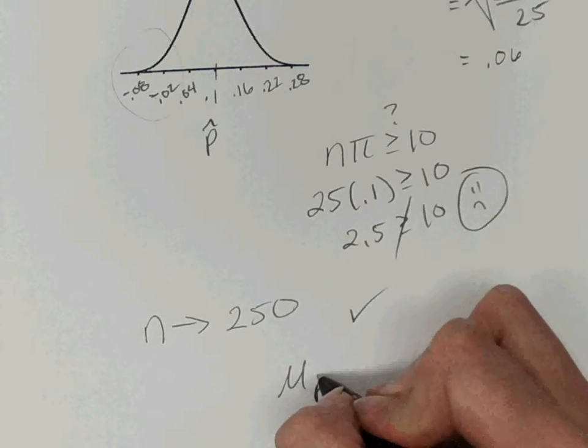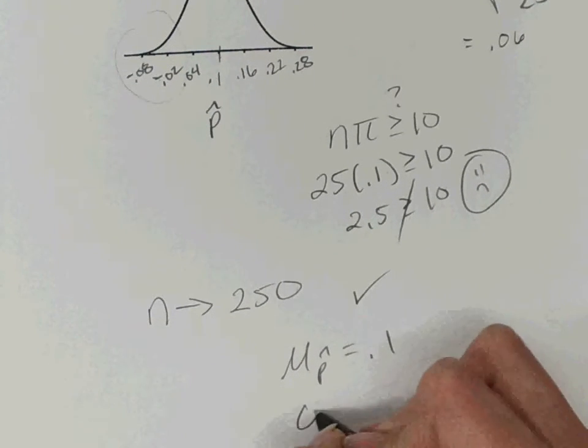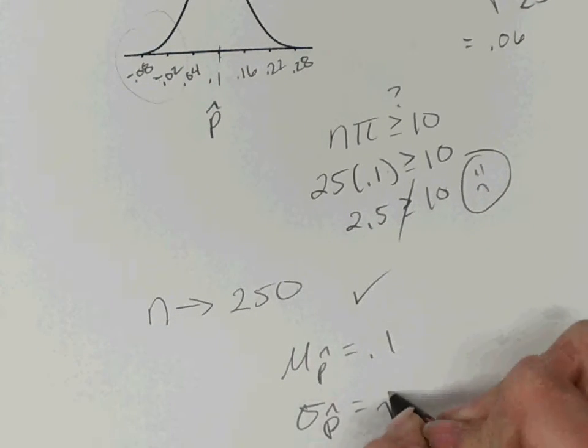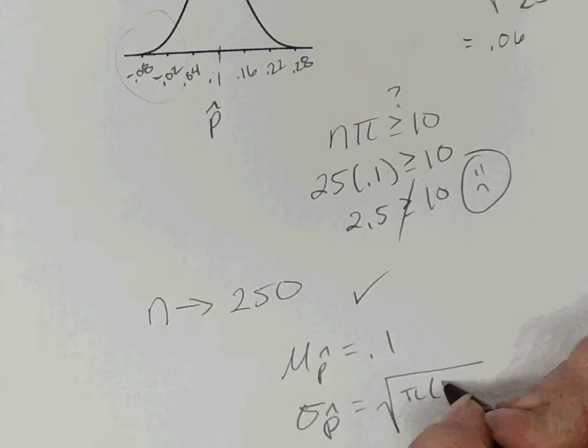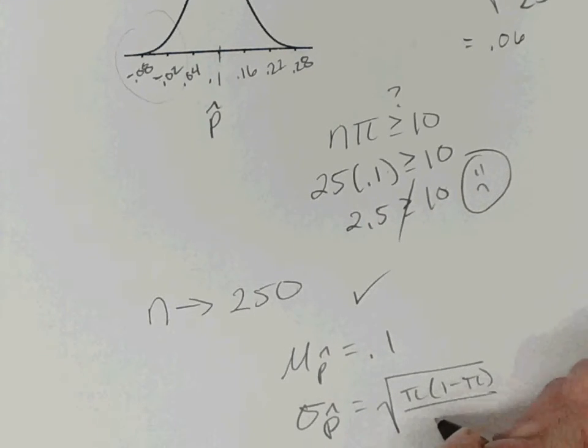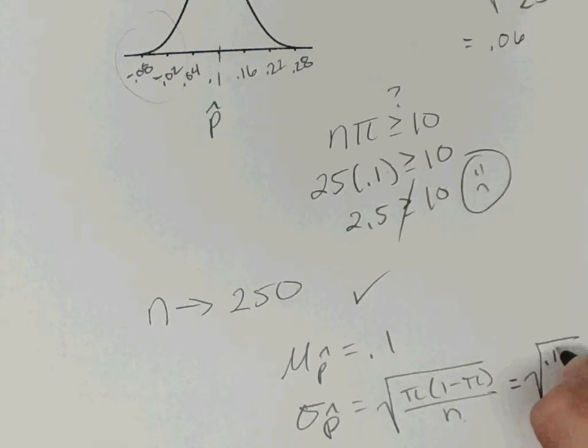The mean of all of my p-hats would still be 0.1, but my standard deviation of those p-hats would change quite a bit. I would have the square root of pi times 1 minus pi all over n, which is, instead of n being 25, as it is up above, it's now 250. So I've got 0.1 times 0.9 divided by 250, which is now 0.01897.